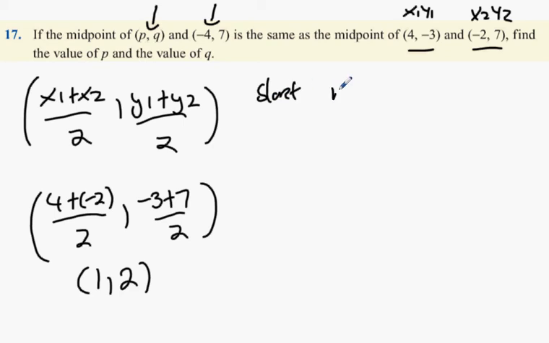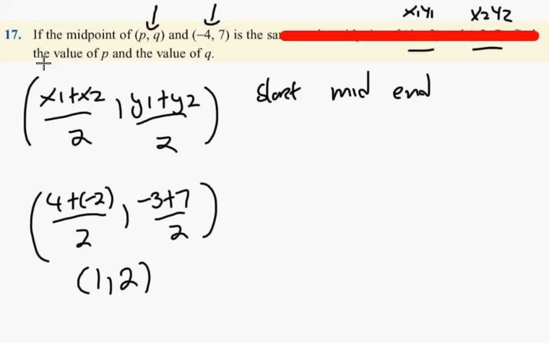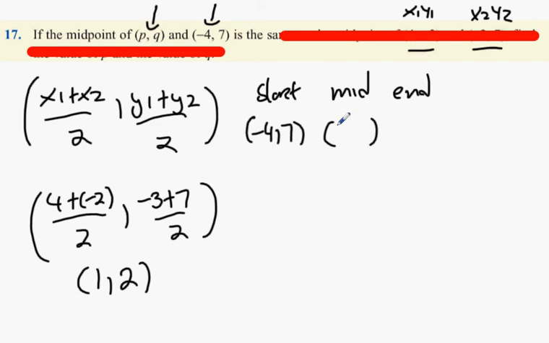Start, midpoint, and end. So imagine that this doesn't exist anymore now. All this information here is gone. Okay? And we're just zoning in on this part here. It starts at minus 4, 7. What's the midpoint? 1, 2.